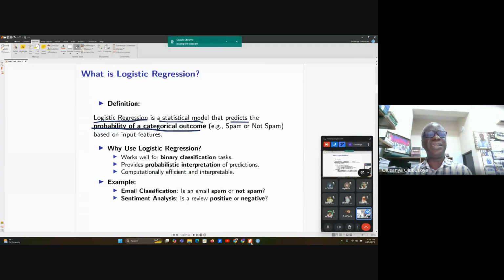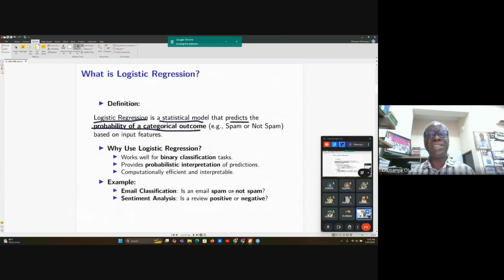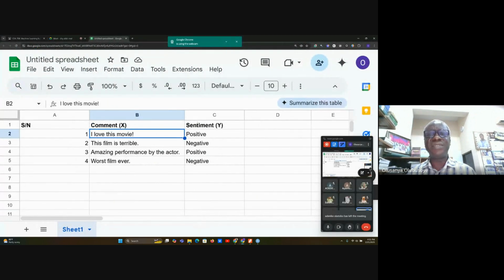In machine learning, which is what we are actually talking about, we will call sentiment the output.